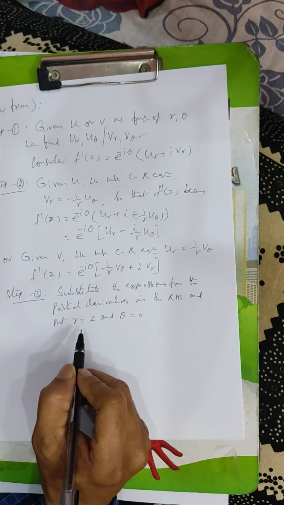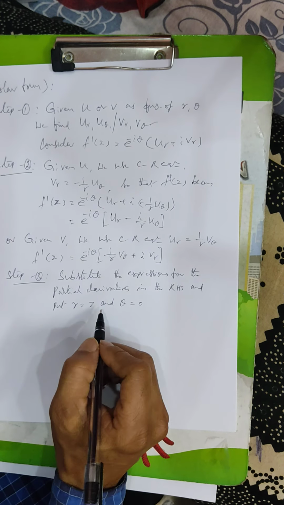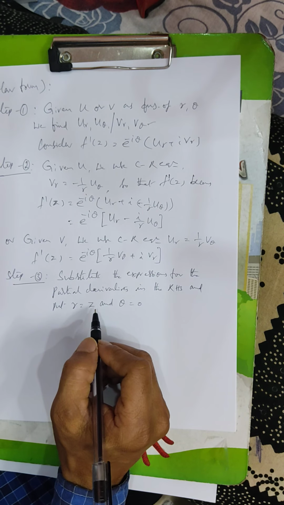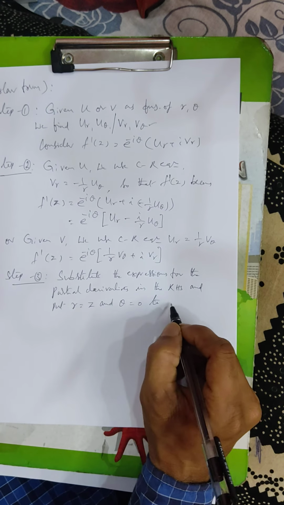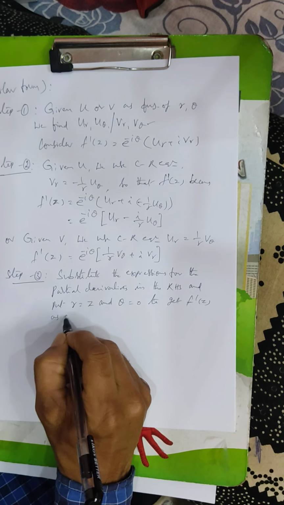In Cartesian form, we used to write x is equal to z, y is equal to 0, and here r is equal to z and theta is equal to 0 to get f dash of z as a function of z.